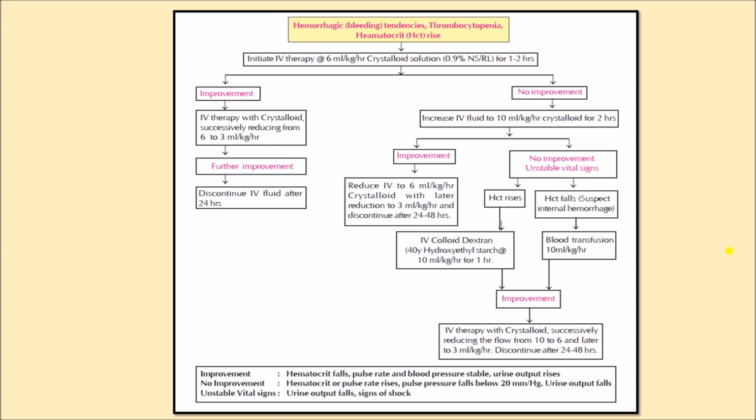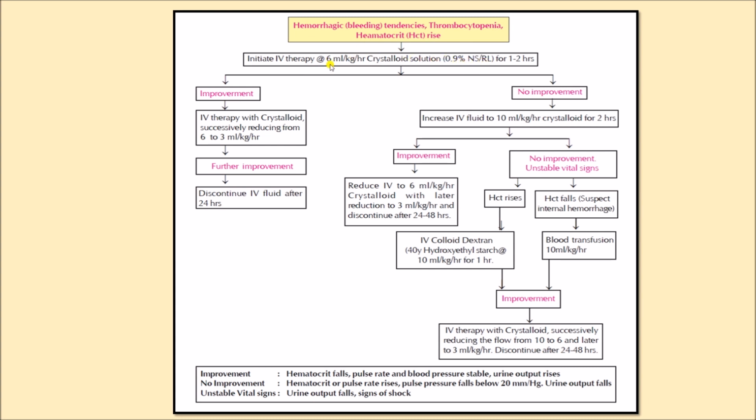So this is the algorithm for management of DHF 1 and 2. As you can see, we have to look for any hemorrhagic tendencies, thrombocytopenia, that is the drop in platelet count, and rise in hematocrit. So in these patients we start intravenous therapy with a crystalloid solution, ideally 0.9% normal saline or Ringer's lactate.